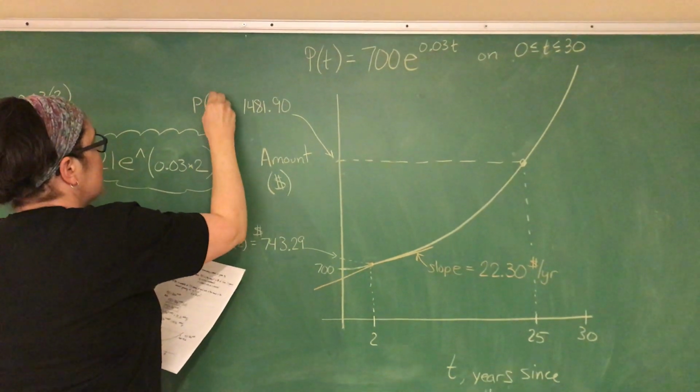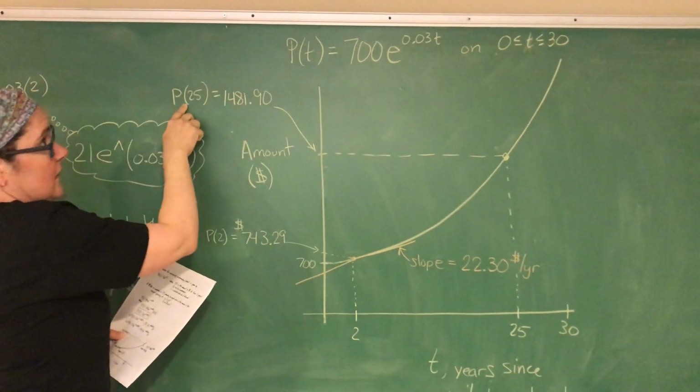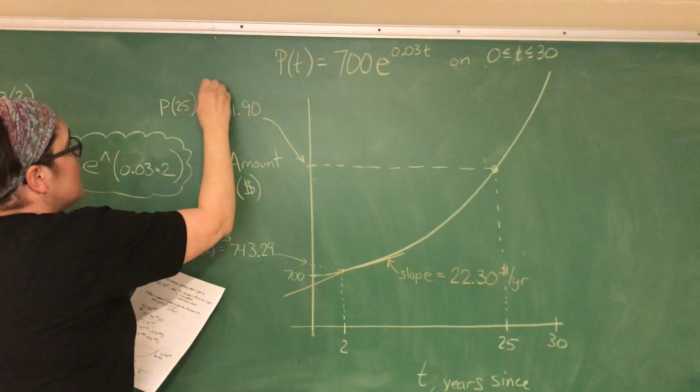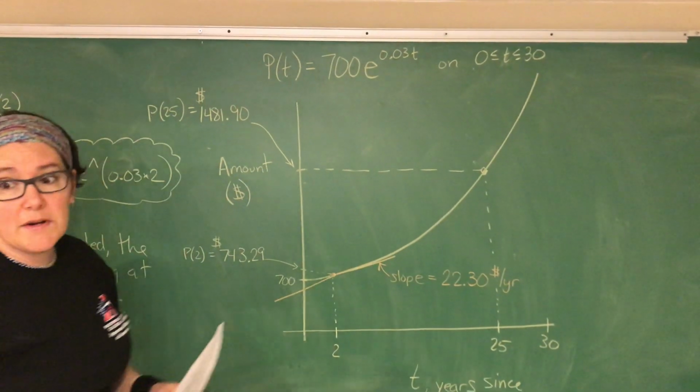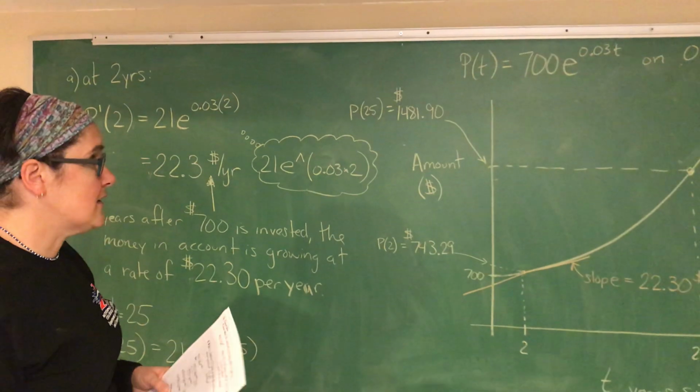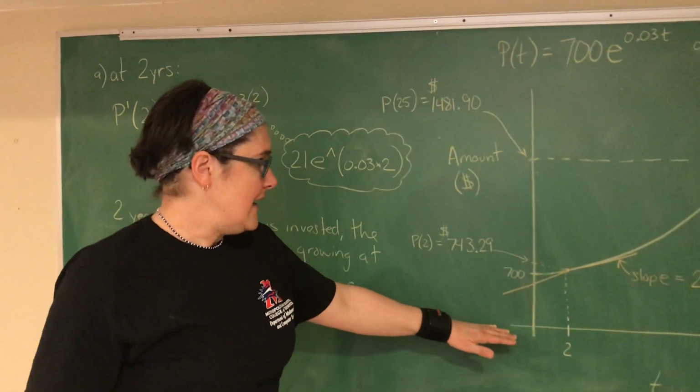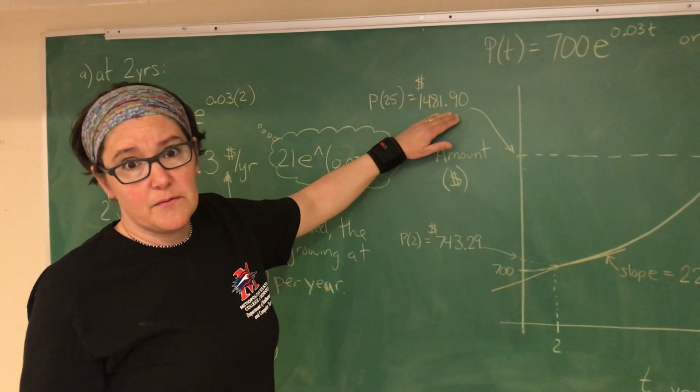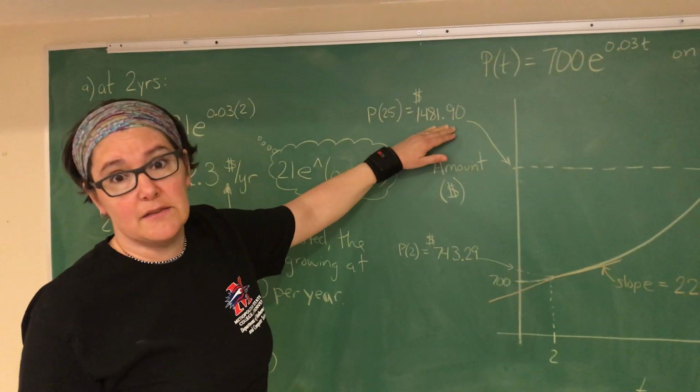And so this is plugging 25 into our original formula. This says that after 25 years, your initial investment of $700 has now turned into $1,481.90.